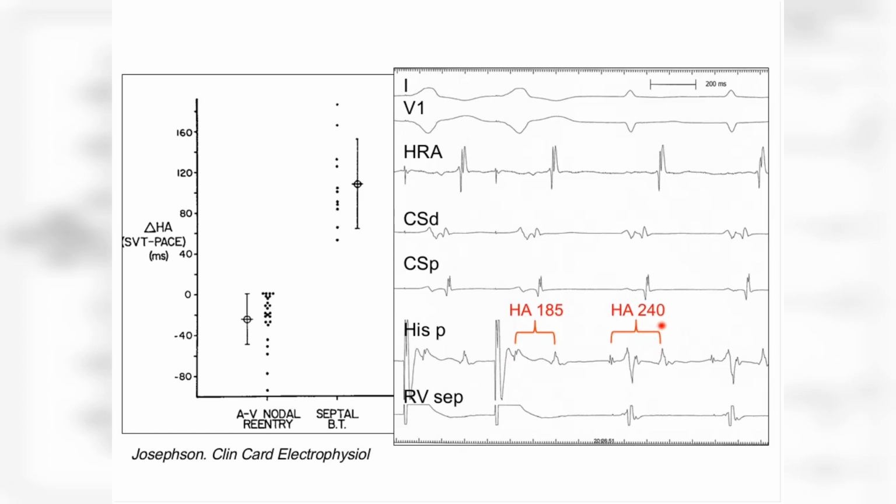Now this is a very, very specific finding in favor of an accessory pathway mediated tachycardia. Now at the left you can see what were the findings in a series of tachycardias that were looked at by Mark Josephson and his group years ago, and they found a neat difference in the HA during particularly septal accessory pathways here.